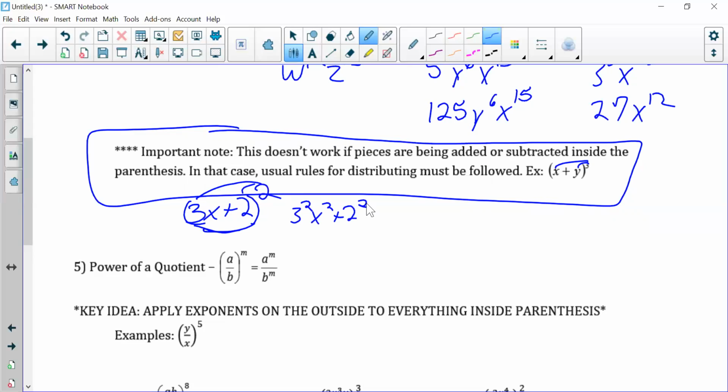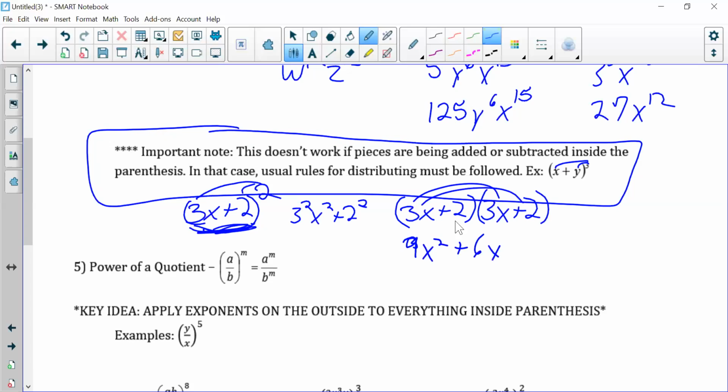But if I actually do what squared means here, I have to take 3x plus 2 times 3x plus 2, because squared means times itself. And then I have to follow the double distribution or FOIL. So first, which is 9x squared, outsides plus 6x, insides plus 6x, and lasts plus 4. So I end up with 9x squared plus 12x plus 4.